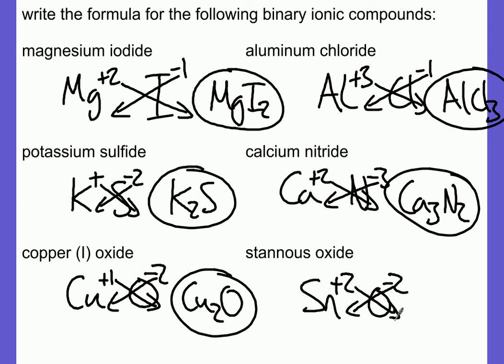I can move those 2's down, but ultimately they're going to reduce. I'm just going to need 1 tin and 1 oxide for my formula here. So again, hopefully you can follow along and see how that works. It's a lot easier if you can just come up with those ions without having to look them up using a list. So hopefully you've started to memorize those.